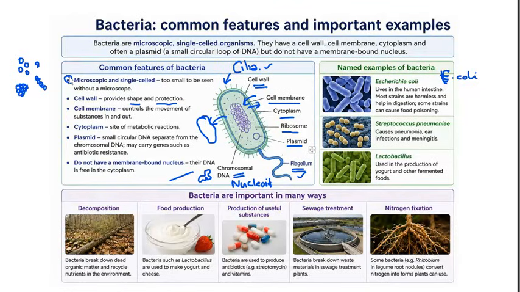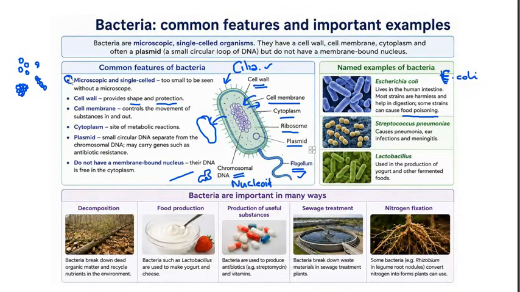And this is a pathogen, a disease-causing organism that is found in the human intestine. Most of the time, it doesn't cause any problems, but sometimes the population gets large during periods of food poisoning, and that will cause illness.